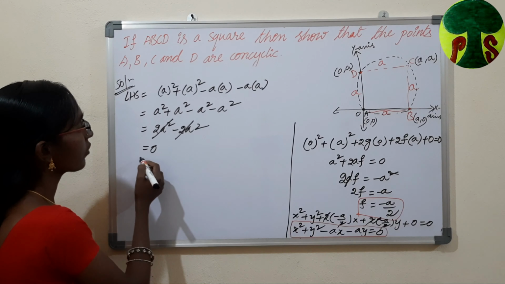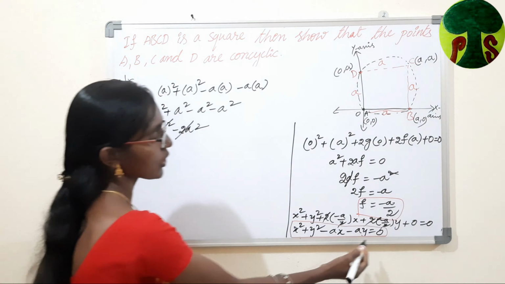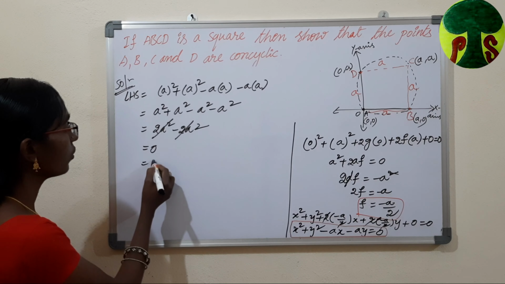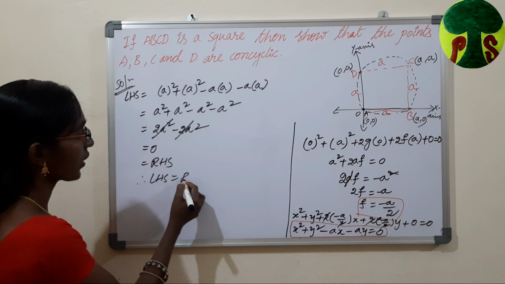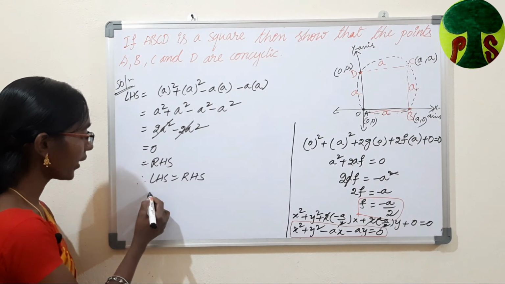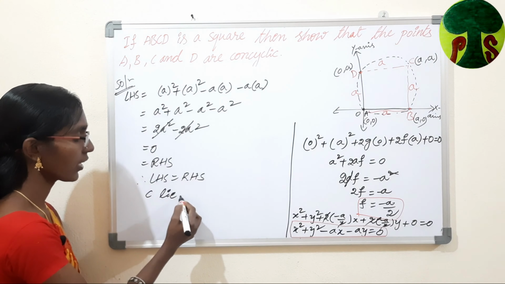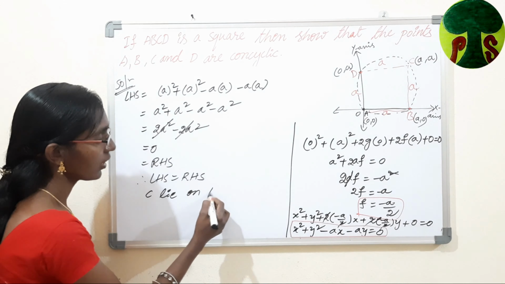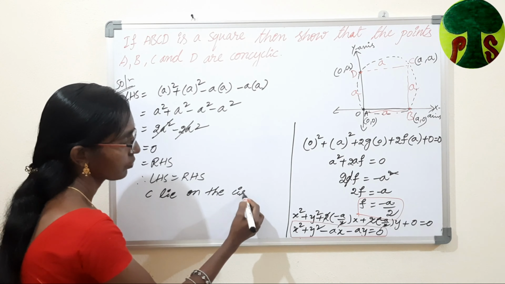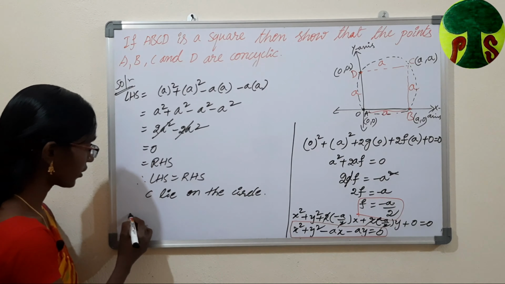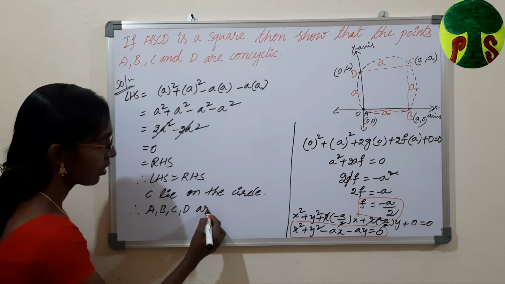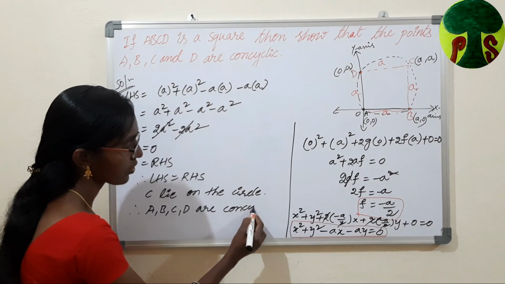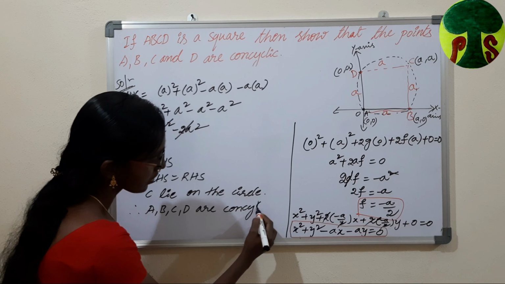We get the value of LHS as 0, which equals RHS. Therefore LHS equals RHS, which means that point C lies on the circle. Therefore, we can say that A, B, C, D are concyclic. These 4 points are concyclic.